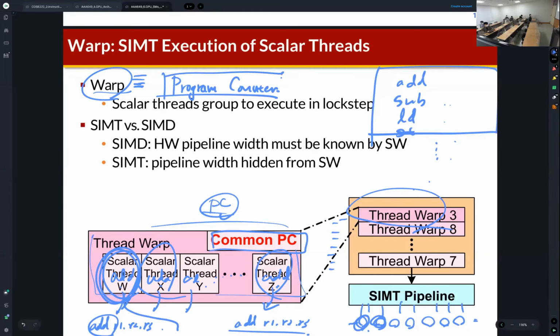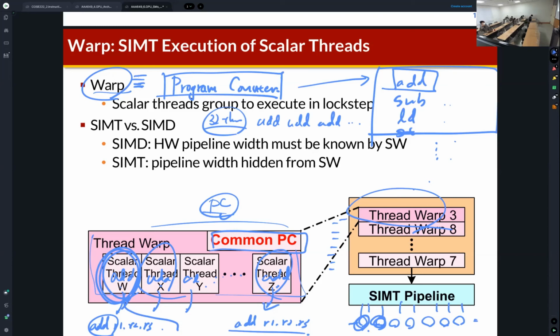What does that mean? The program counter is the same. If the program counter is pointing at the add, then every thread in the same warp shares the same instruction, add. Also, they are independent threads.